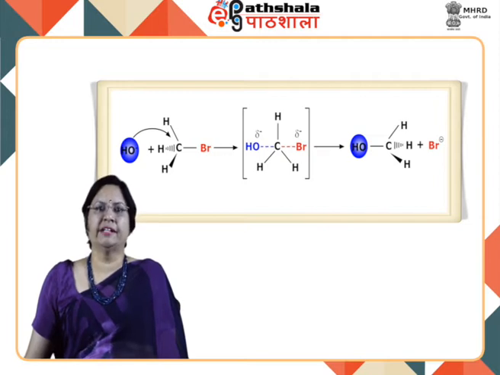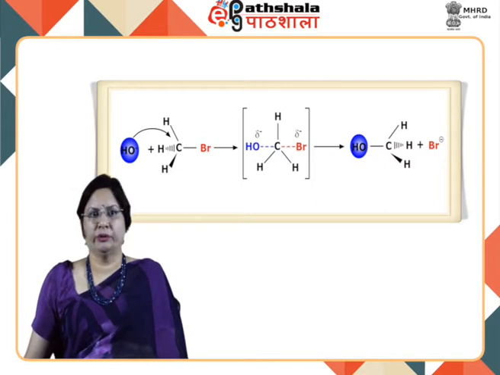Let us consider the reaction between methyl bromide and the base OH minus, which is the ion generated from NaOH. The rate determining step involves both CH3Br and OH minus. The reaction between two reactants resulting in the direct displacement of Br minus by the OH minus group occurs in such a way that a new C-OH bond is being formed while the old C-Br bond starts breaking.